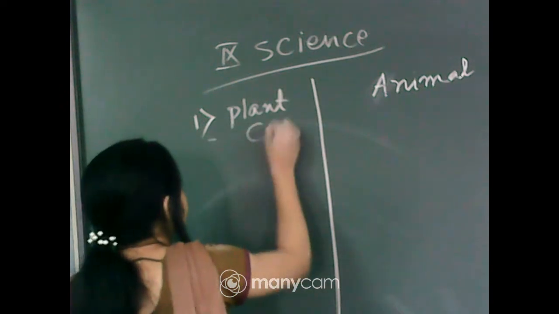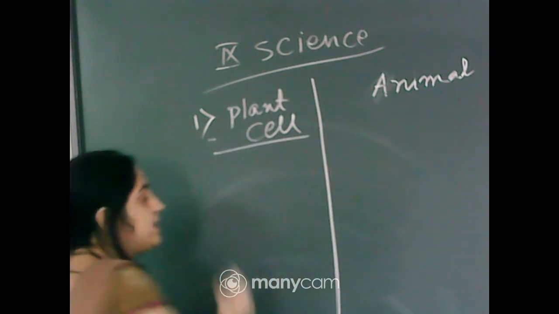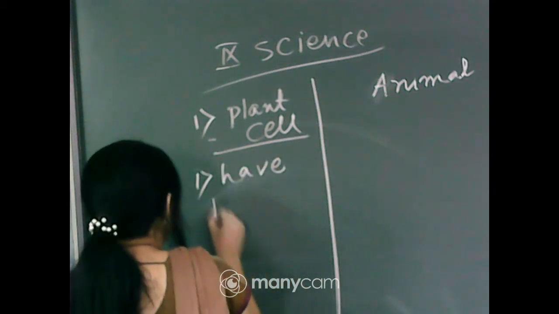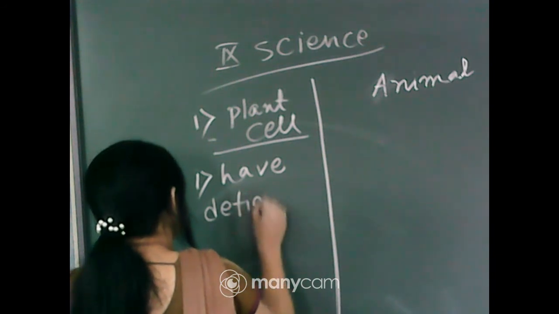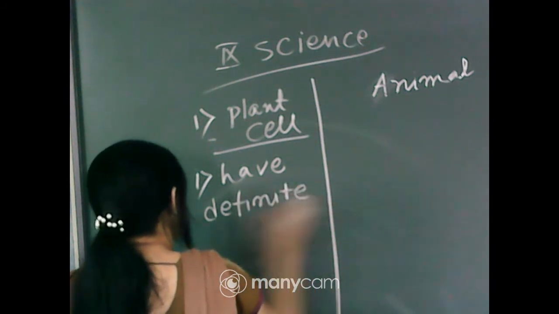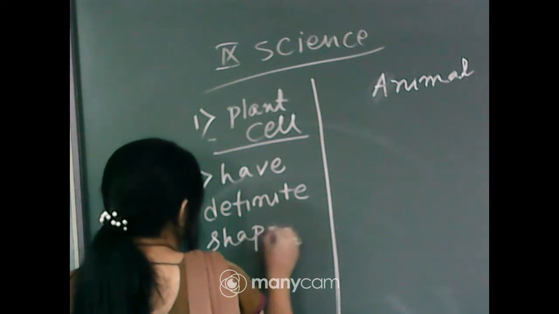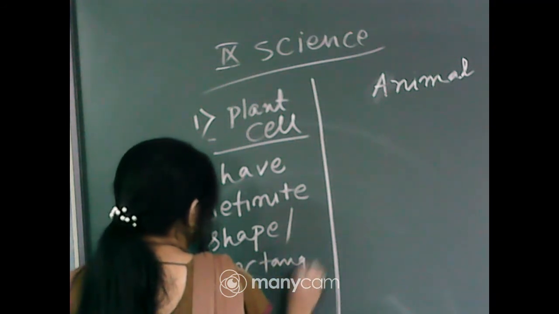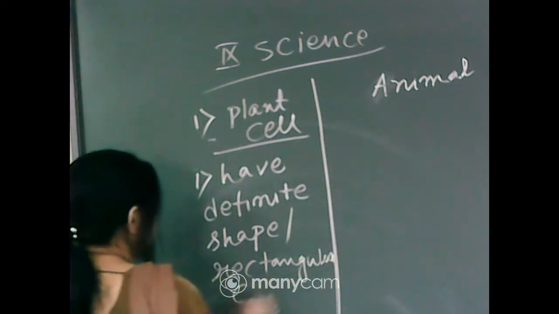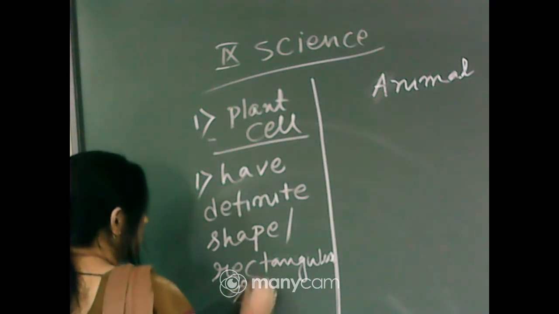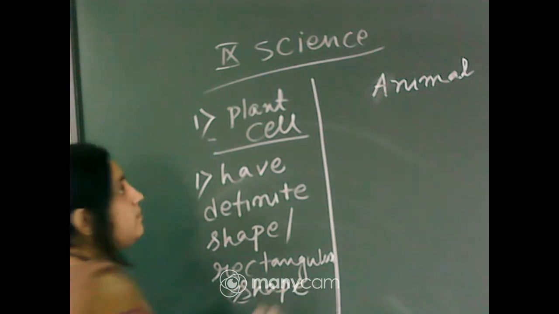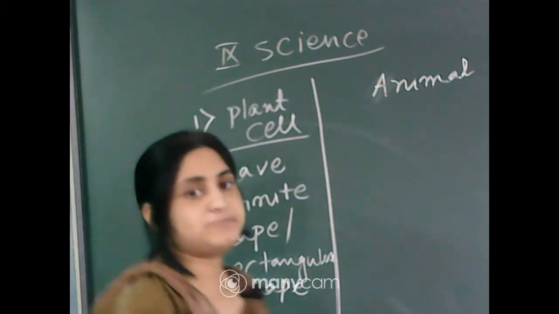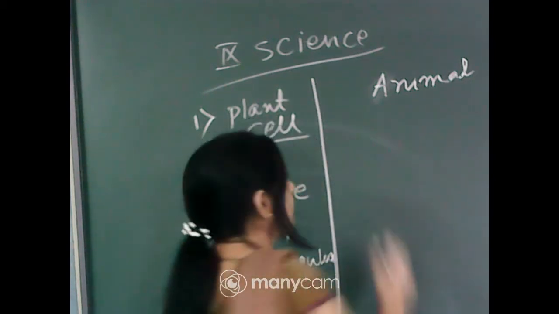Plant cells obviously have a definite shape, or rectangular shape, but animal cells may be round or irregular in shape.